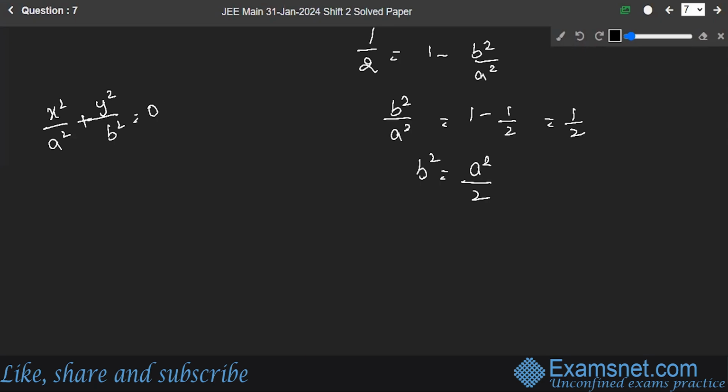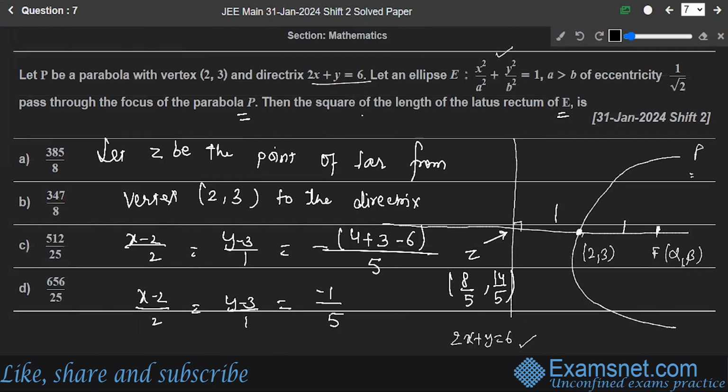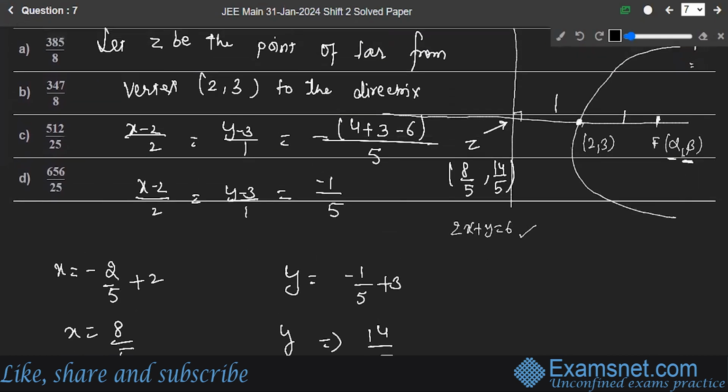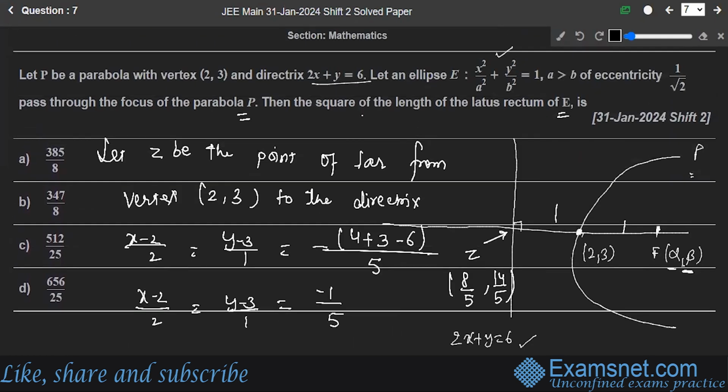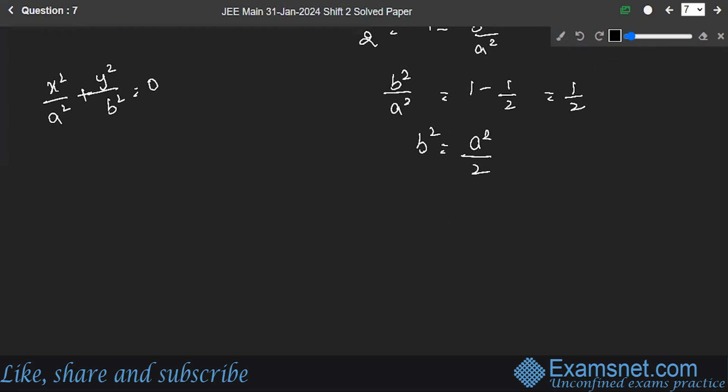So this equation of the ellipse, which is given by this, now this can be written as, since it is having the focus as alpha and beta, it is passing through it. You're given that this ellipse is passing through the focus of the parabola. So now this equation can be written as, what was the focus?